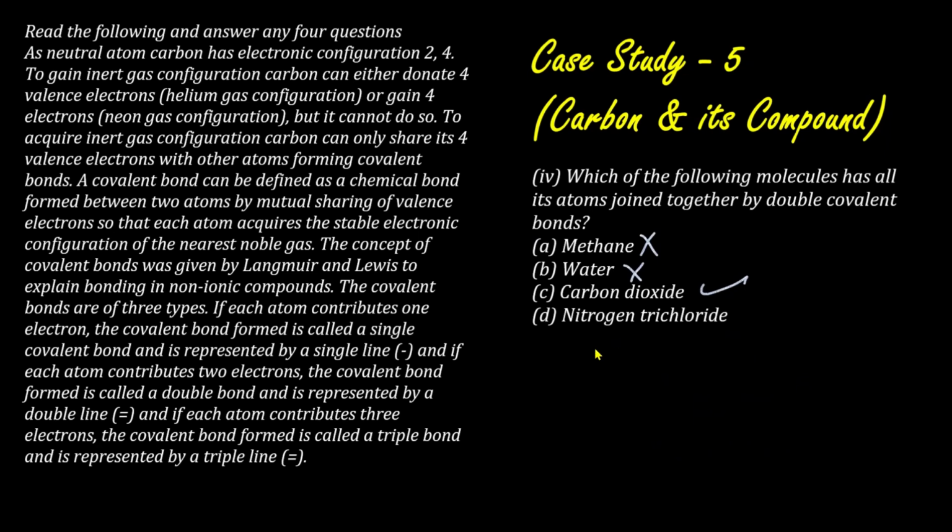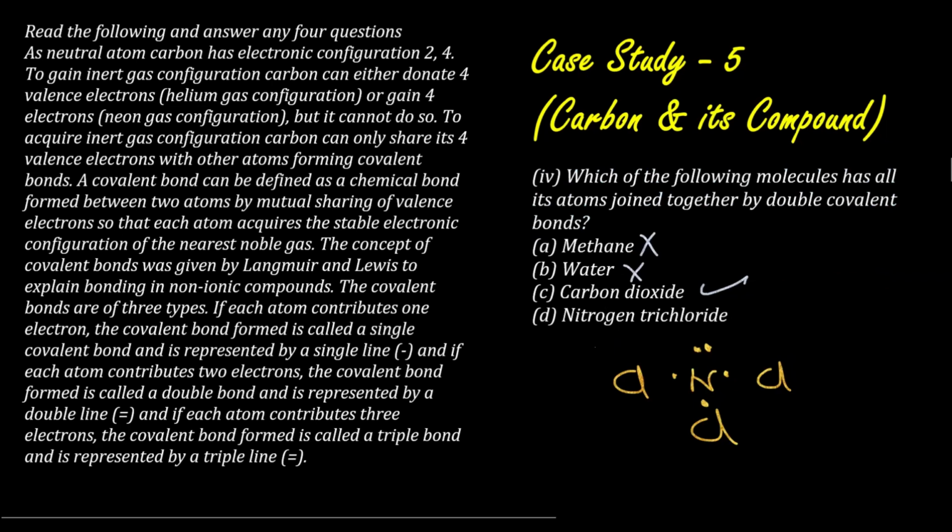Nitrogen trichloride. So chlorine is like this. Chlorine, you know, shares 1 electron only. So these are two unshared pairs of electrons. Nitrogen has how many? 5 electrons. So you can see that chlorine will share 1 electron and will have its remaining 6 electrons over here, 1 and remaining 2, 3, 4, 5, 6, 7, 8.